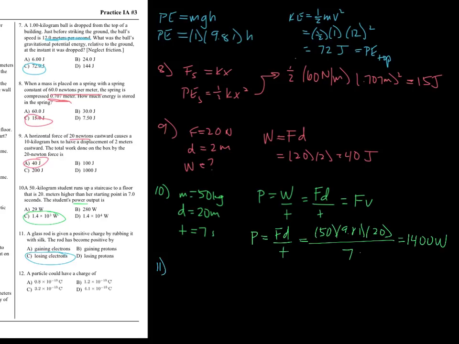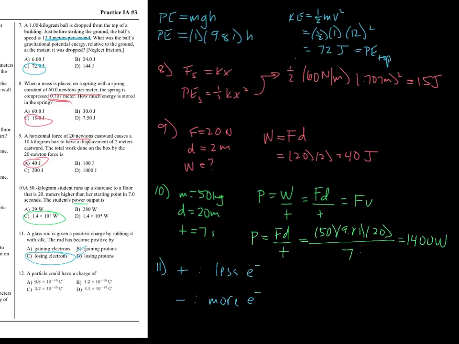You just have to keep in mind that positive means fewer electrons, and being negative means more electrons. You only transfer electrons between objects. You never gain or lose protons in this scenario. So you're either gaining or losing electrons.